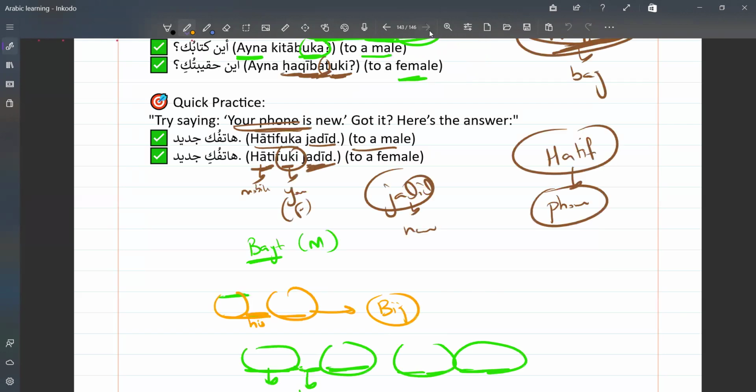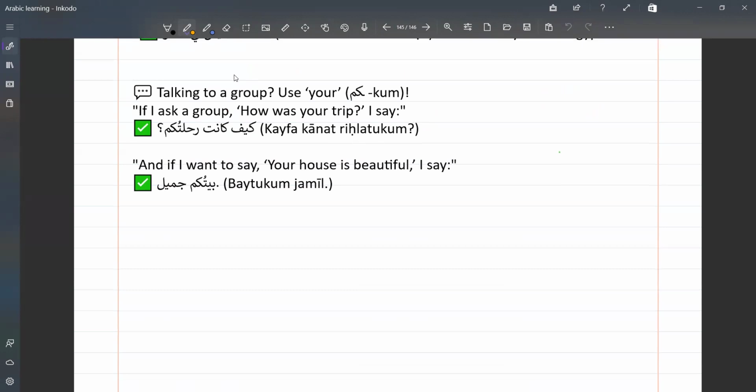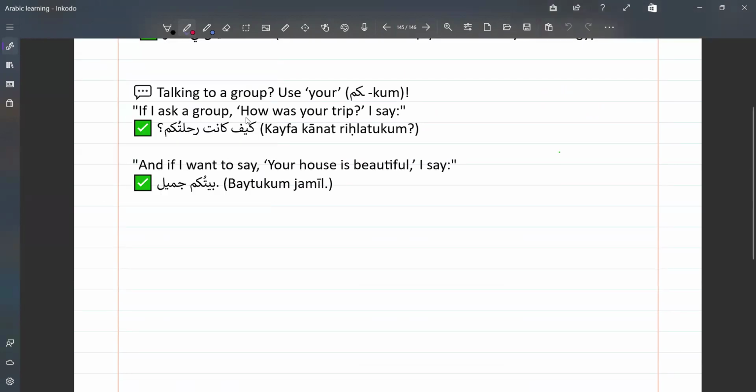So let's study more examples regarding this. If I wanna say, how was your trip? So how was your trip in Arabic? I will say it like this. How means kaifa, right?